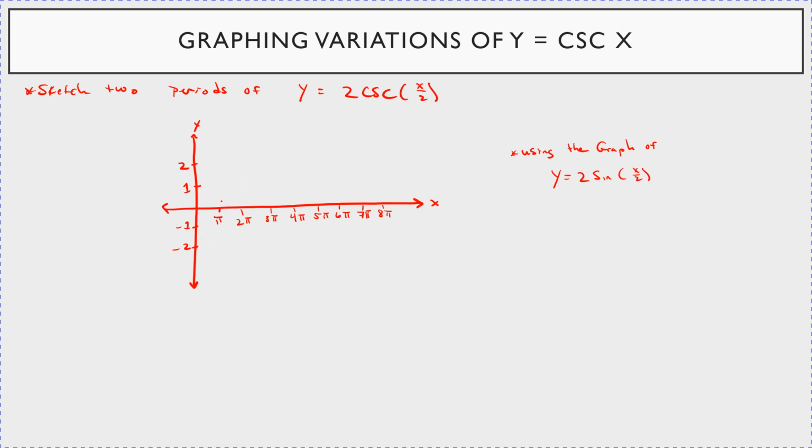All right. Well, what does sine look like, right? Sine starts at 0, goes up to the amplitude, down here. Here's the next x-intercept, and then it's just going to repeat itself, right?